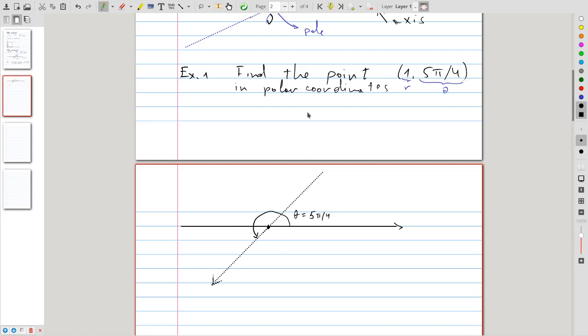And then, since r is positive, we have to walk distance r, we have to measure distance r along the axis. So say we end up over here. So if this is 1 unit of length, then this is the point with coordinates 1, 5 pi over 4.